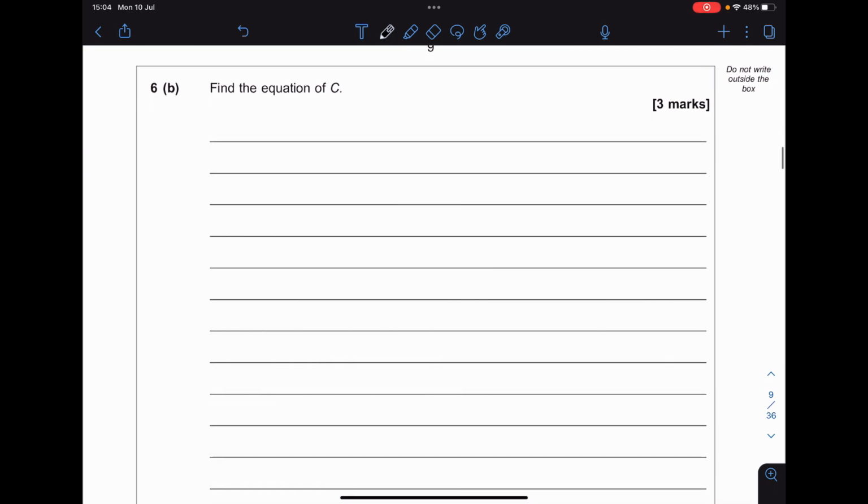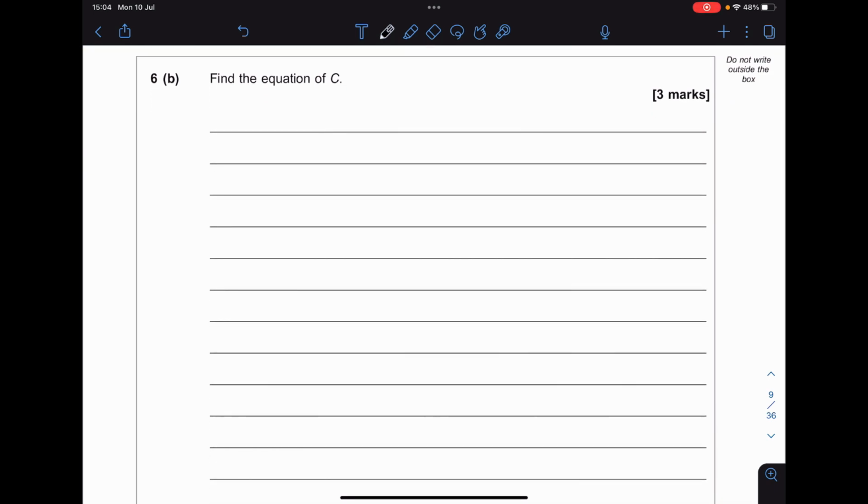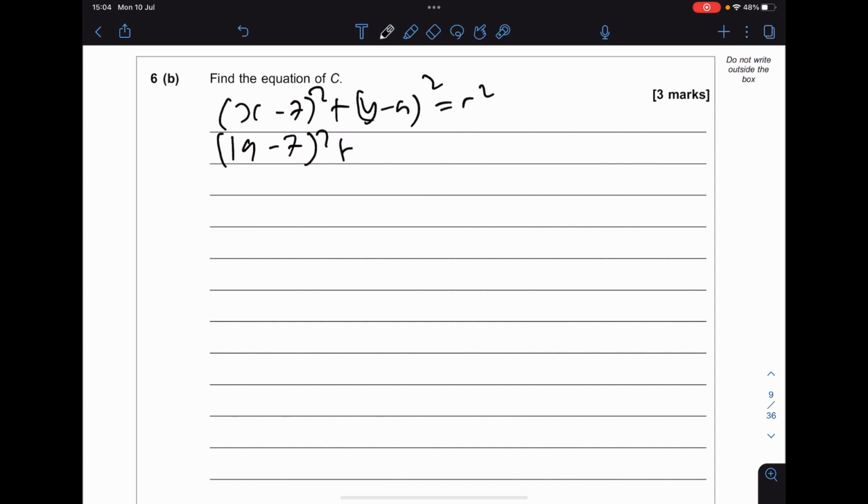Part B, find the equation of C. Well, we've done the hard work of finding what the coordinates are. So it's x minus 7 squared and y minus 9 all squared is r squared. So what's that going to be? That's just a bit of Pythagoras now, isn't it?